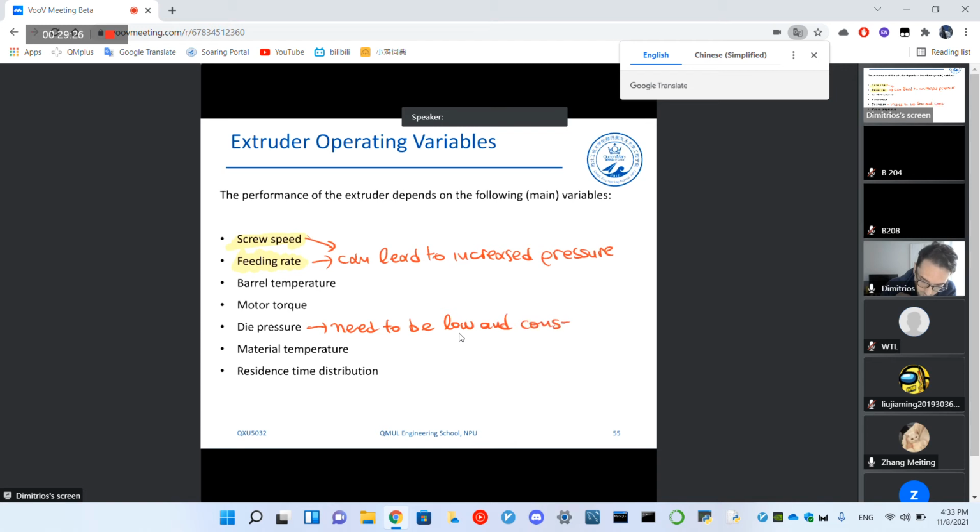Material temperature, yeah, indeed, they are connected. These two essentially have to do with achieving a completely melt state, so the polymer flows, okay?